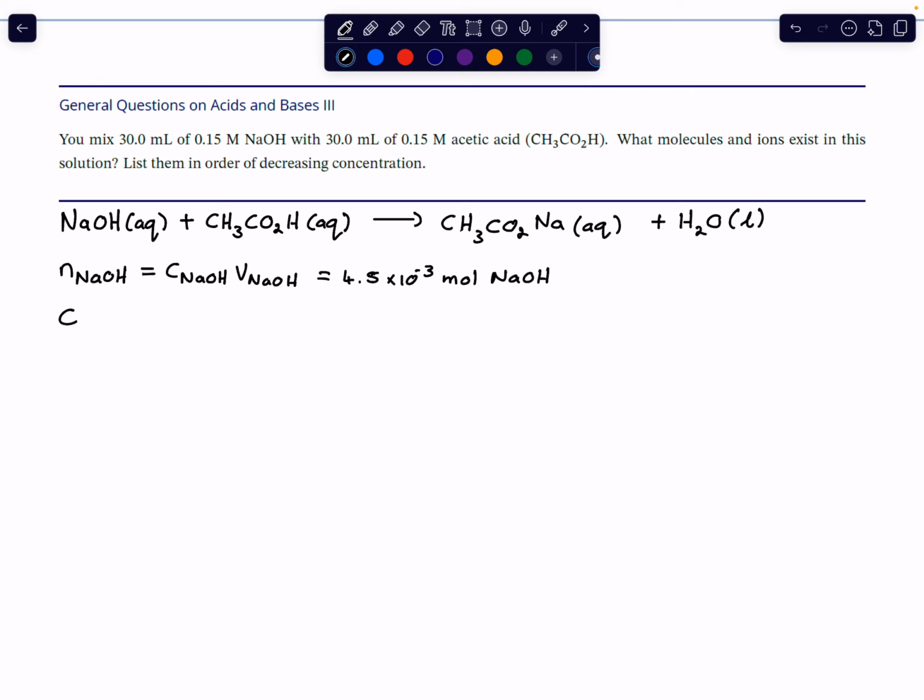And we can also calculate the number of moles of the acetic acid, which also gives 4.5 times 10 to the negative 3 mole acetic acid. Alright, so that means after the initial reaction there are only products left.